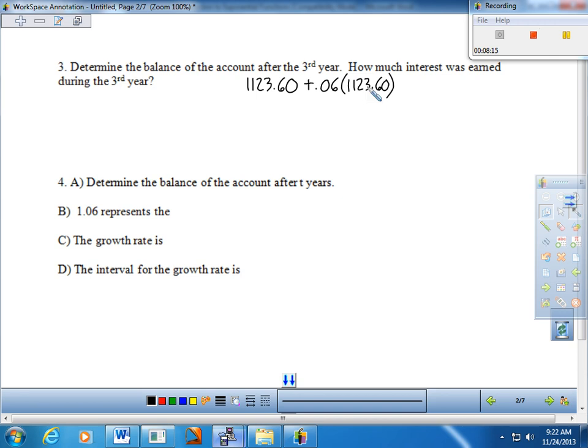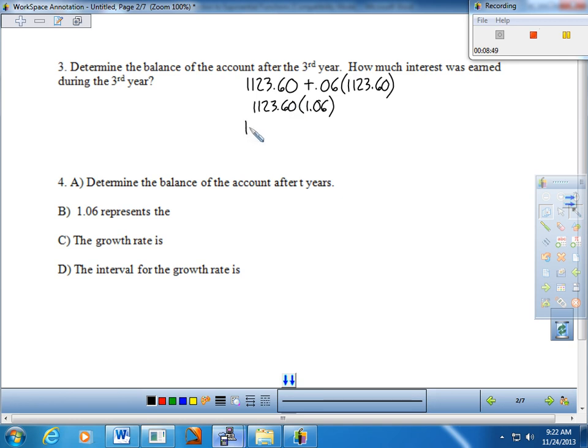And so I hope you would be in agreement, just like the last time around, this, well, let's do this, the 1123.60 times 1.06, of course. So this, obviously, we can make to look just like this right here. Hope that works for you. And what is that 1123.60? Where did we get that number?